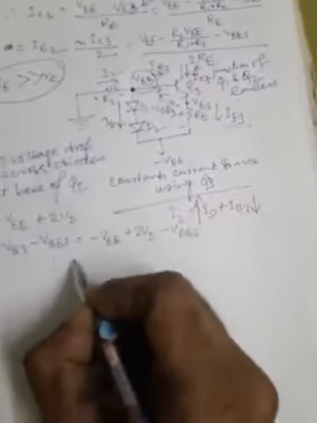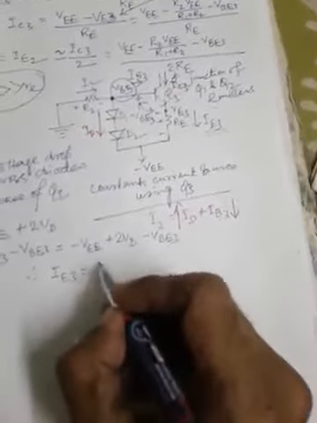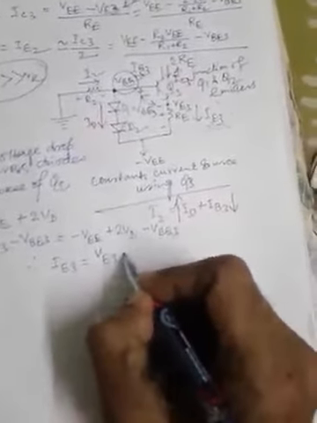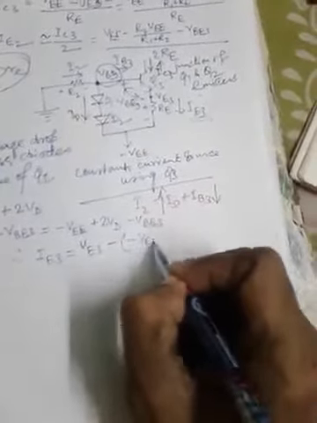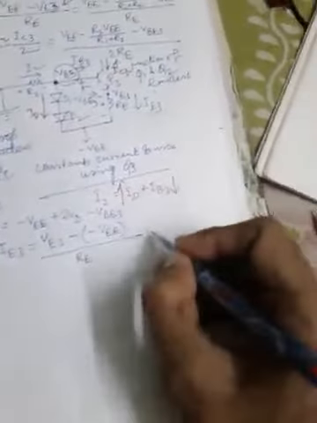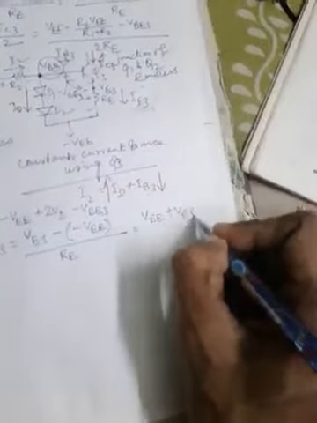So therefore IE3 can be written as VE3 minus minus VEE, using this portion. This IE3 is flowing from VE3 to minus VEE, so the potential difference will be VE3 minus of minus VEE, divided by this RE, that is IE3 equals VEE plus VE3 divided by RE.